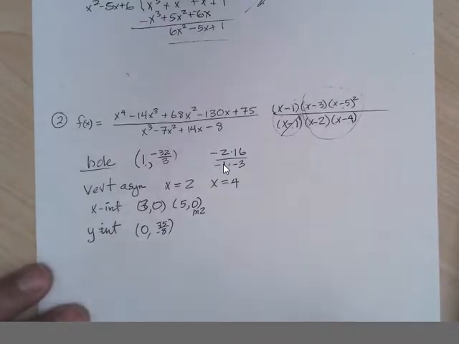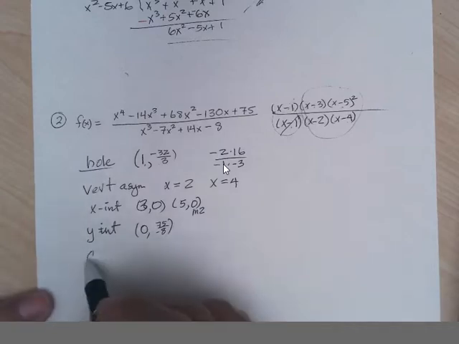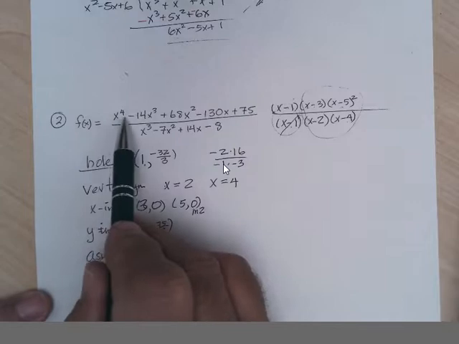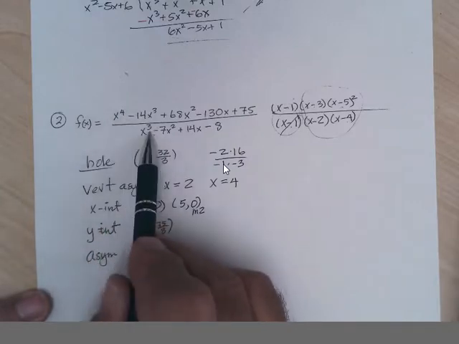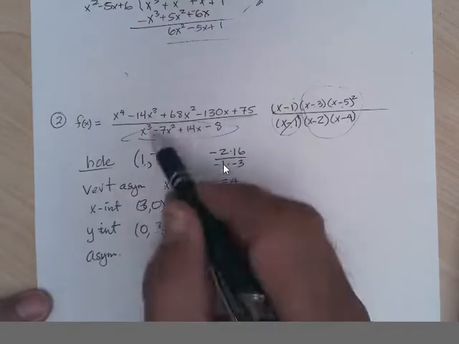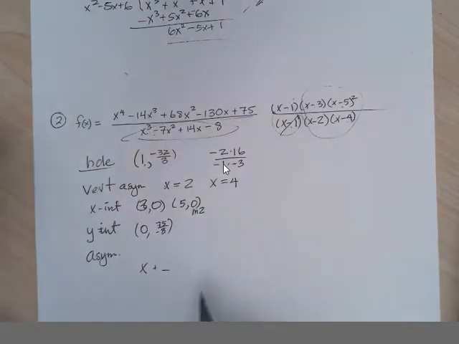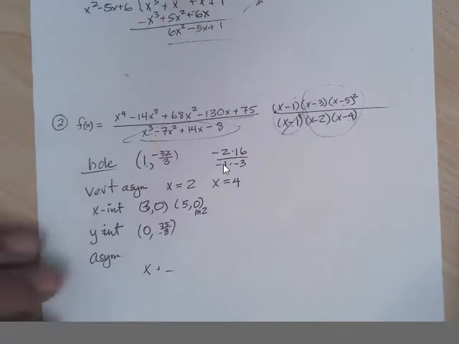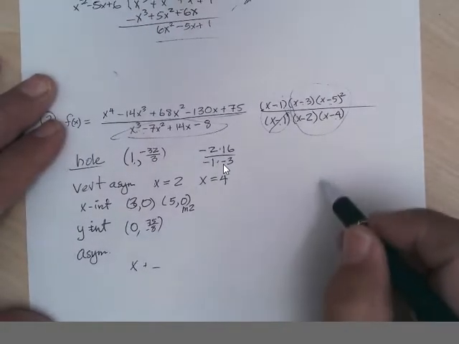Okay, and the asymptote, horizontal or oblique, well, again, we're going to have to divide, and that's going to be really messy, so I'm not going to do that one on this one. It would be this divided in there. It would be x plus or minus something, and I don't know what that would be. Yeah, I could do it. It wouldn't take very long, but let's just kind of graph what we know.